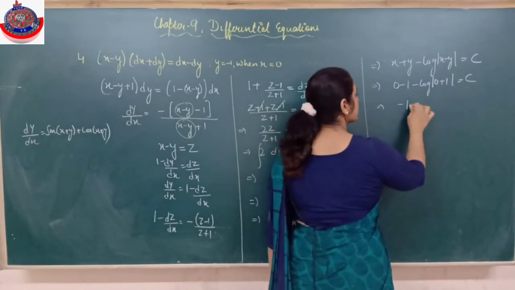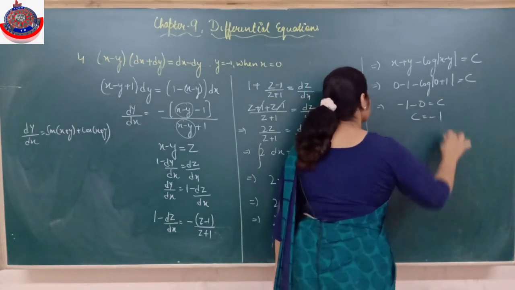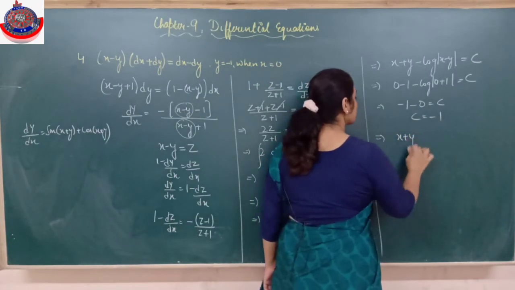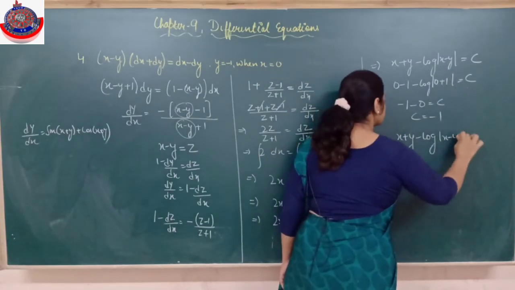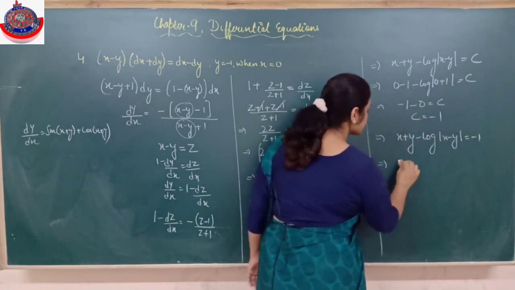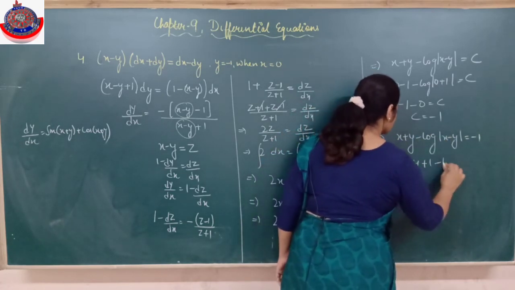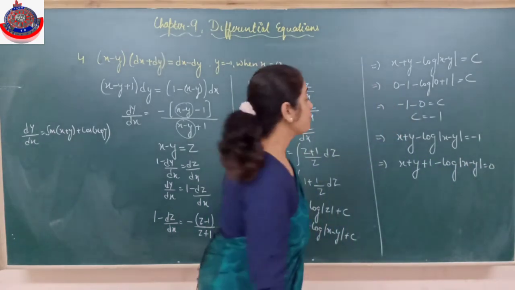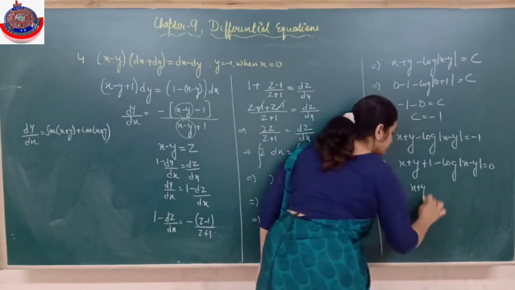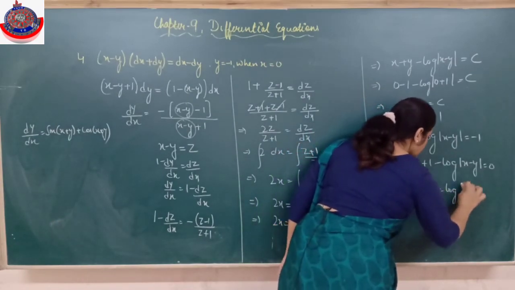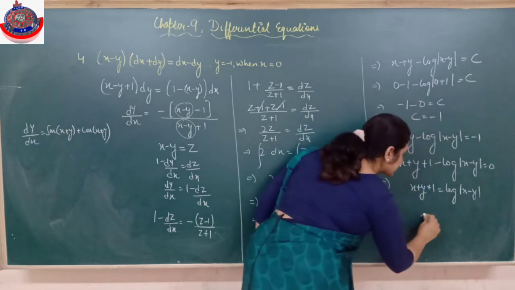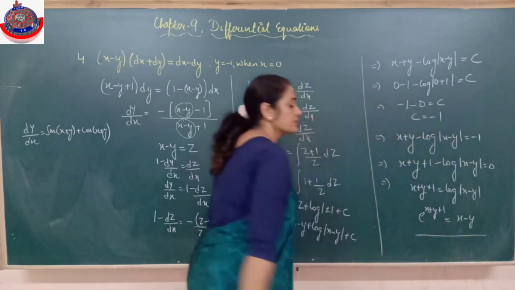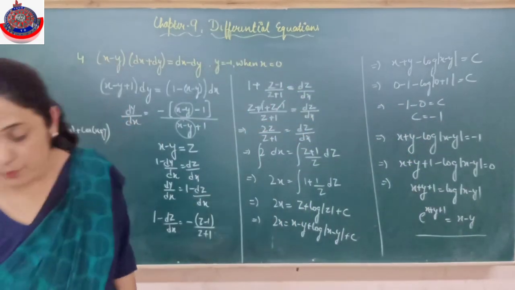Minus 1, log 1 is 0. So C we have got as minus 1. Put the value of C. So the particular solution is, bring it this side. If you want to simplify more, it can be this way also. Log, I'll take it that side, it will become the power. Clear? So we can solve it this way also.